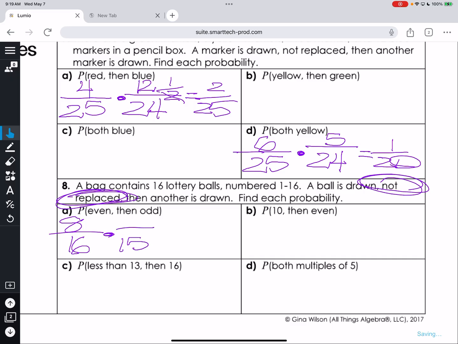But then how many odd do we have? 8. Because when we drew an even, that doesn't affect our odd. So what's our final answer? 8 over 30. Simplify. 4 over 15.